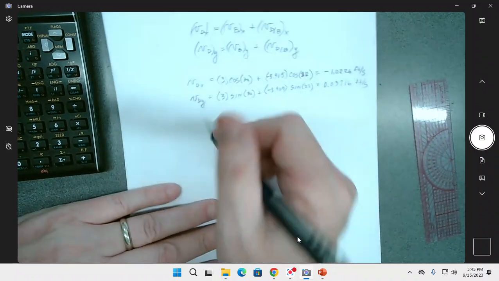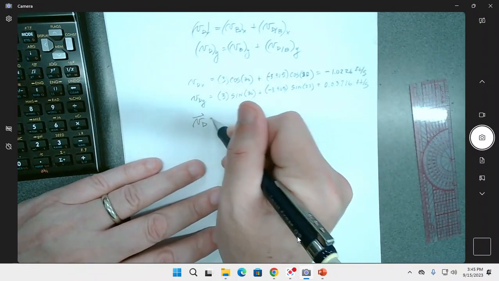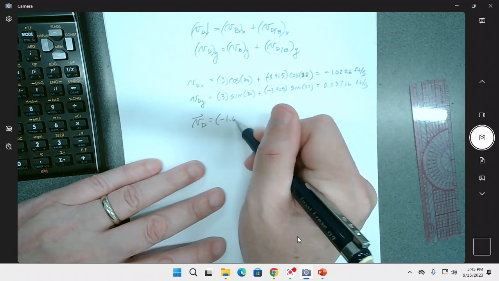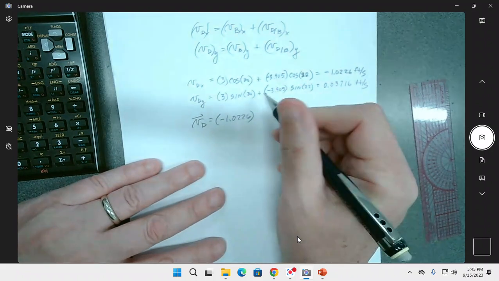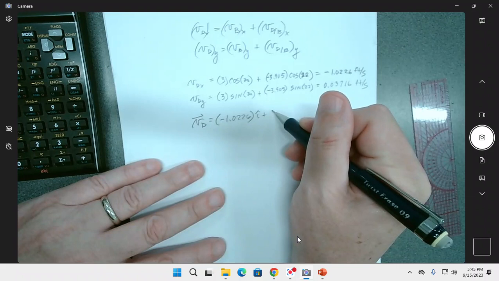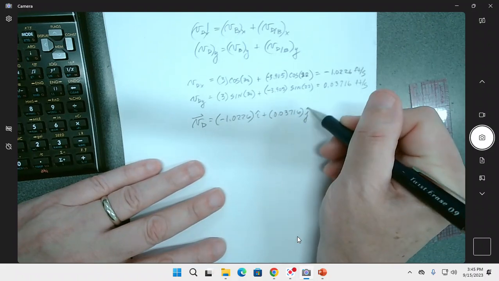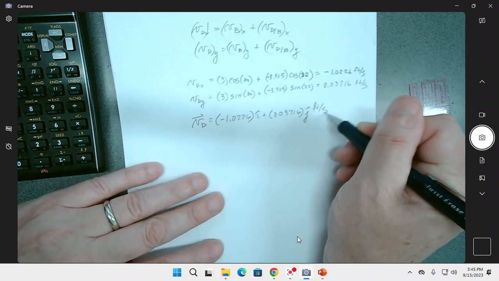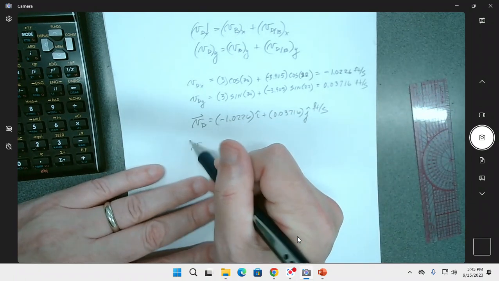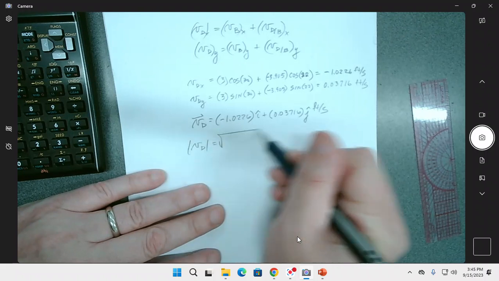So if you wanted to express this, it would be negative 1.0226 i plus 0.03716 j feet per second, but we probably want to get the magnitude of it.